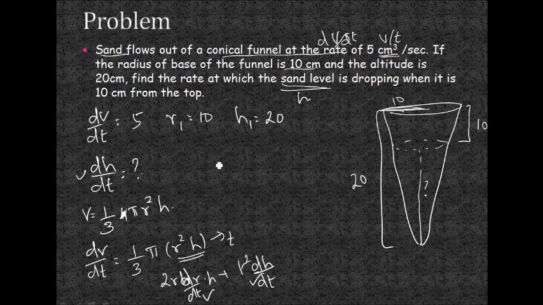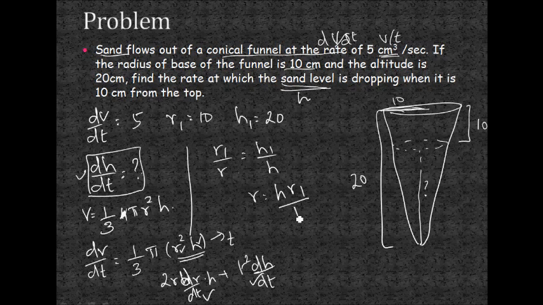Therefore, we use the ratio which I just told you, r1 over r is equal to h1 over h, and we'll eliminate either r or h according to the question. The question is asking for h, therefore you retain the h and eliminate the r. So what is r from here? R is equal to h r1 over h1. So what you do is you substitute in this volume.